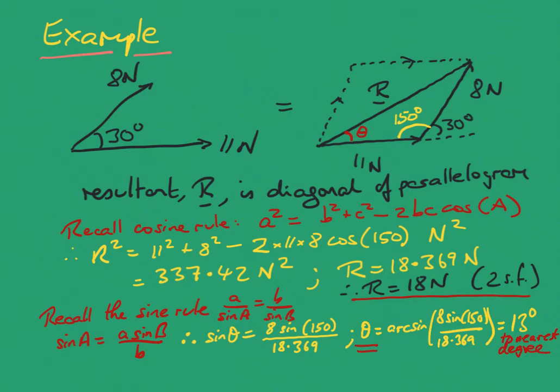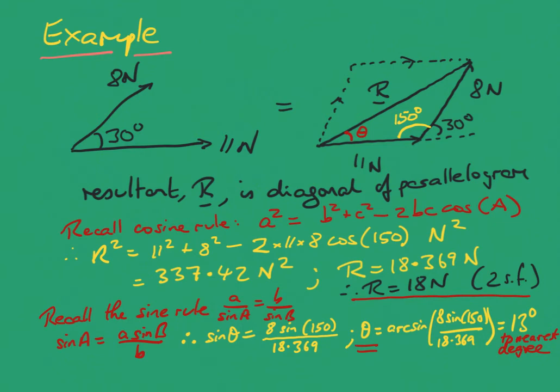So now we have evaluated the magnitude of the resultant force, and we have evaluated the angle theta between the 11 Newton force and the resultant. We've obtained 13 degrees, and that is indeed less than 30.